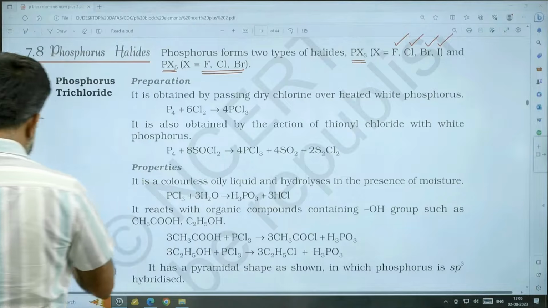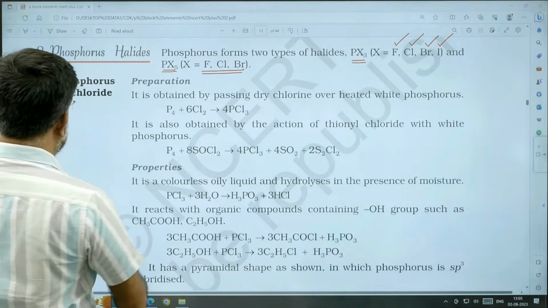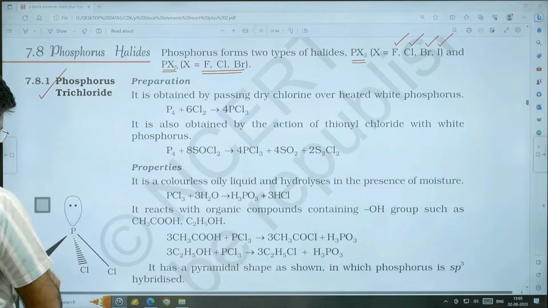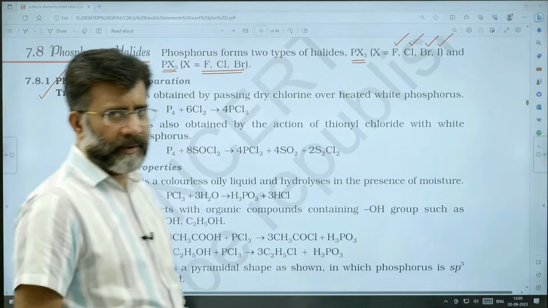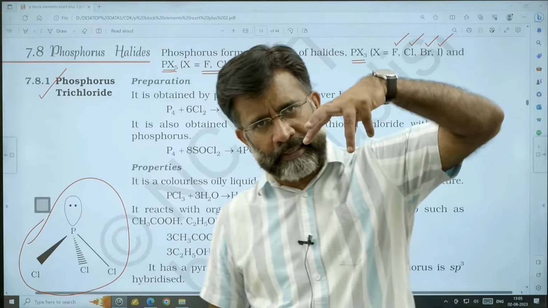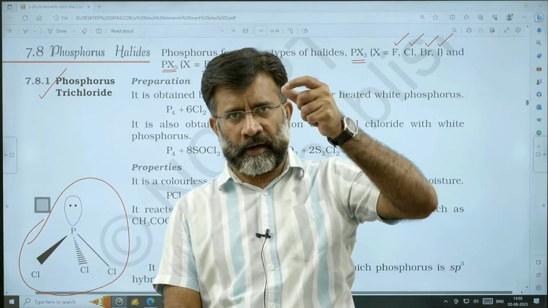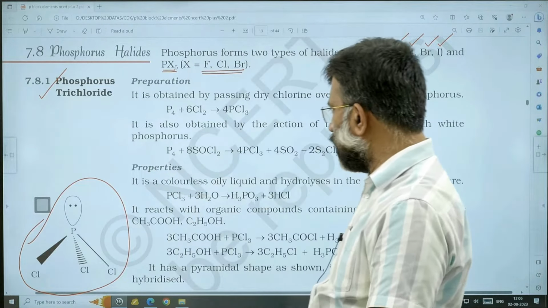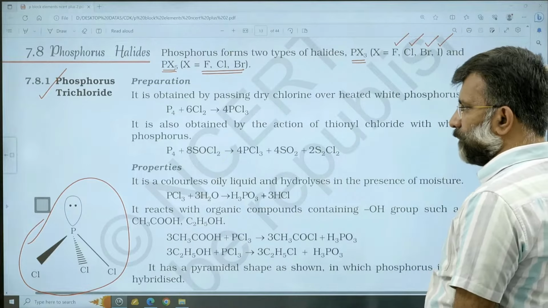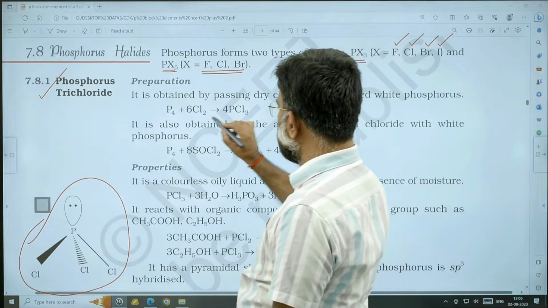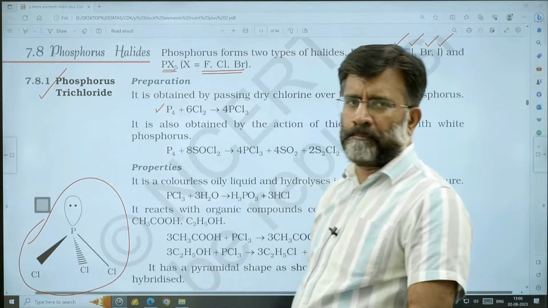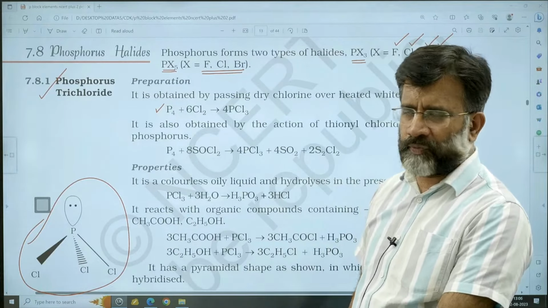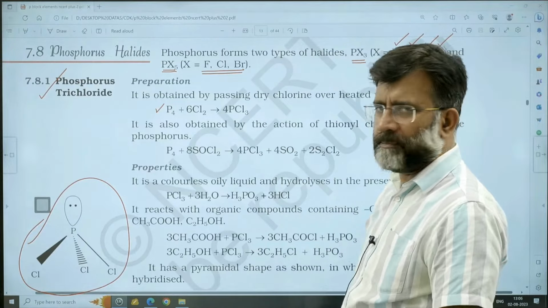Look at PCl3. First of all, this is the structural entity of PCl3: sp3 hybridization, trigonal pyramidal geometry with one lone pair and 3 bond pairs. It is obtained by reacting white phosphorus with 6 chlorine, you get PCl3.